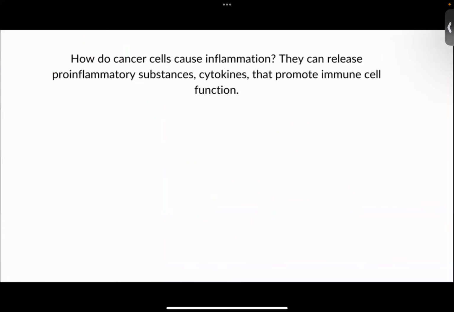Next is inflammation. Inflammation is also one of the hallmarks of cancer. So how do cancer cells cause inflammation? Basically, they release pro-inflammatory substances called cytokines that promote immune cell functions. So there will be increased formation of these cytokine factors, tumor necrosis factors, which is not required.